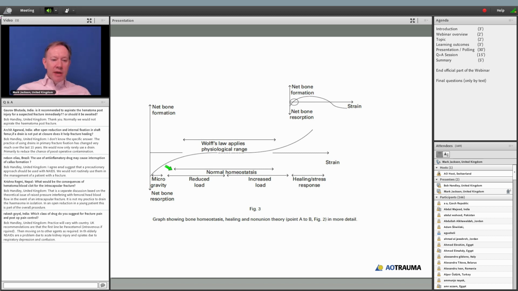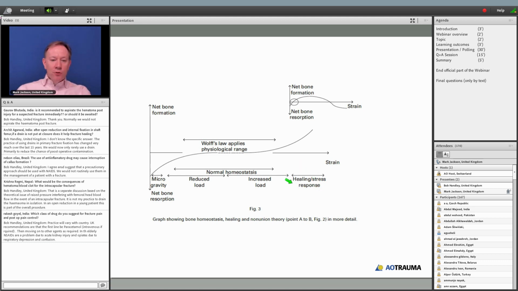At this end, where we have bone resorption and very low bone strains, it's maybe associated with prolonged bed rest, or very excitingly with astronauts in zero gravity positions where they will lose bone mineral. But at this end, where we have high bone stress, we may get a healing or a stress response depending on how that has occurred.